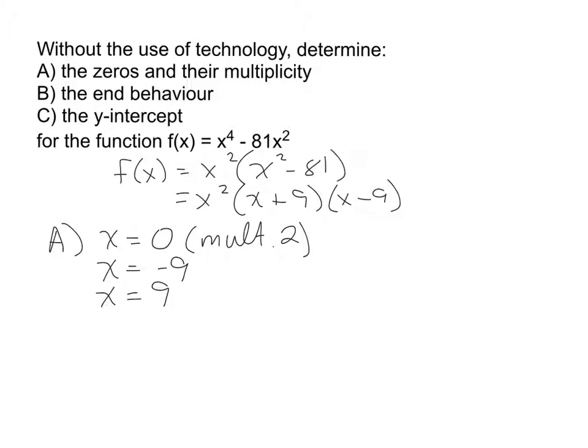You could, at this point, start to get an idea of what this graph would look like, especially when we add in the end behavior and the y-intercept. The end behavior, this is an even degree polynomial because it's a degree of 4, and it has a positive lead coefficient, which means that it extends up into quadrants 1 and 2, right?